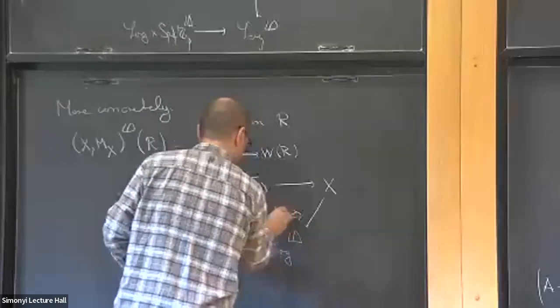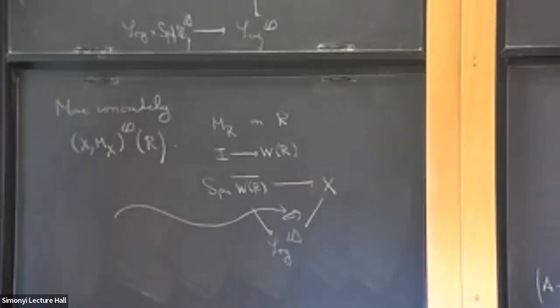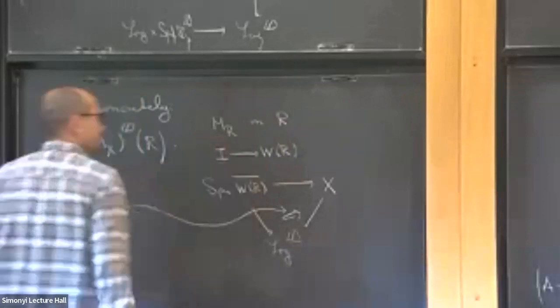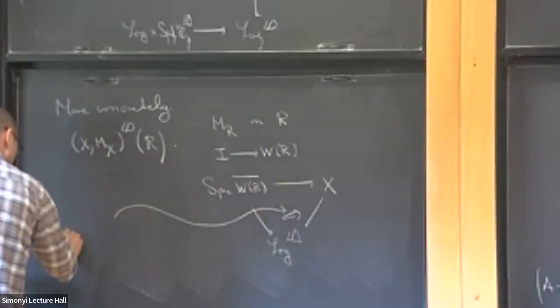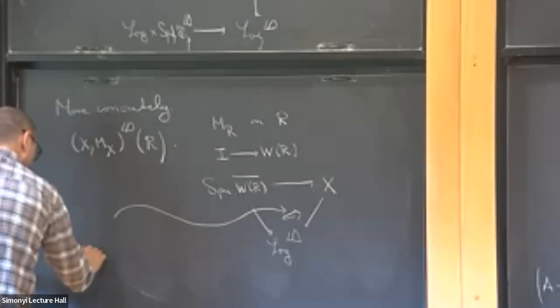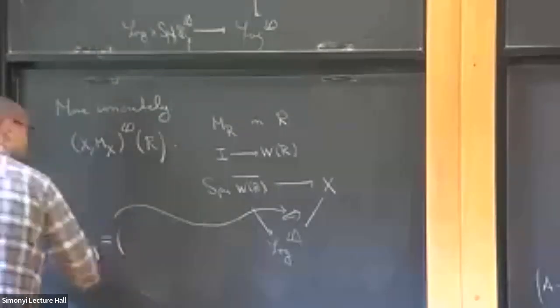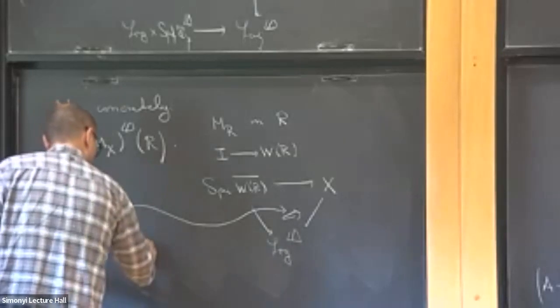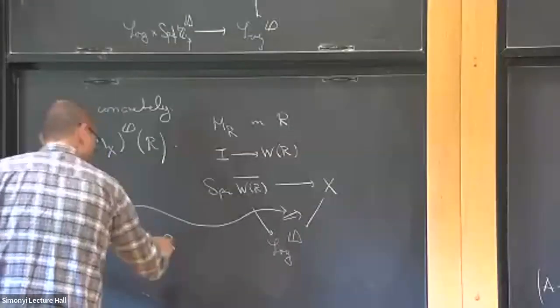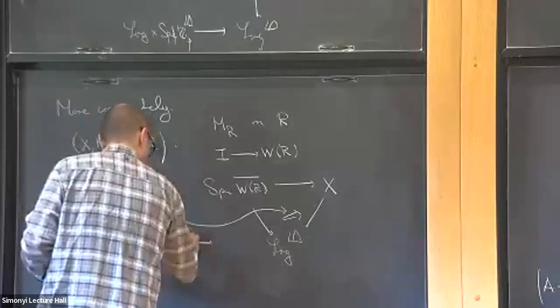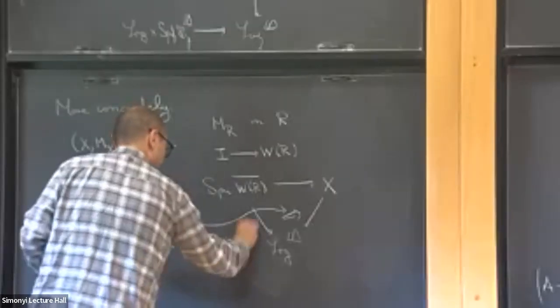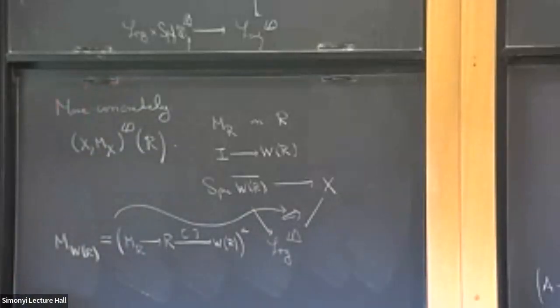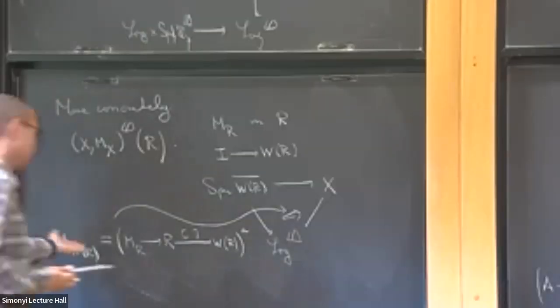What is that saying? It's saying that if I have this log structure on R, I get a log structure on the Witt vectors, by taking the starting log structure and then taking the multiplicative lift to the Witt vectors, taking the associated log structure.